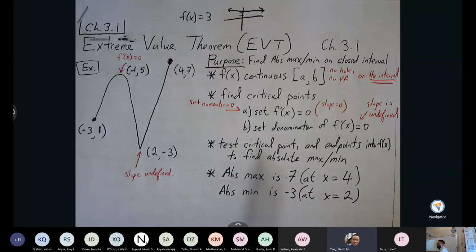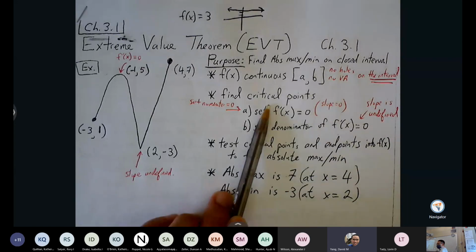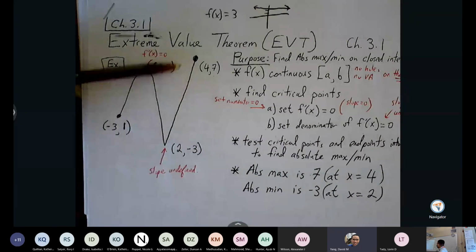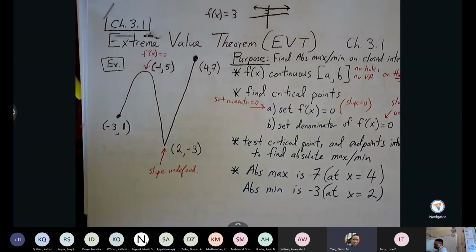So the next thing that we do is we find critical points. Here's a visualization that I want to show you. If the graph looked like this, the only places that the graph can achieve a max or min is at the endpoints or at critical points. Imagine these points were shortened.